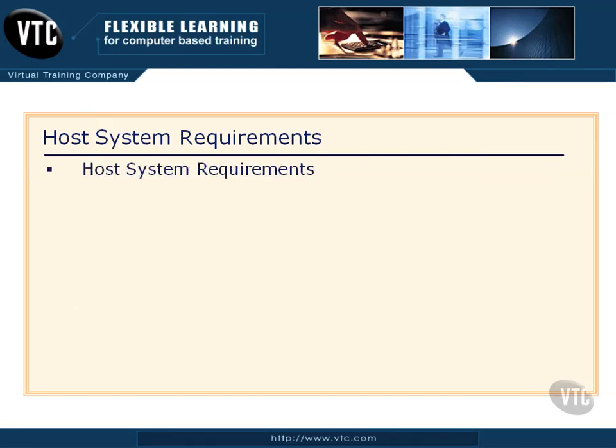Now, on that host system, you've got some requirements that are kind of interesting. On the CPU or the processor, you're looking for a 64-bit x86, meaning x86 instruction set, 1.3 gigahertz or faster. Now, in the year 2012, it's kind of hard not to get this kind of processor, and this is something you need to watch, especially in virtual computing.